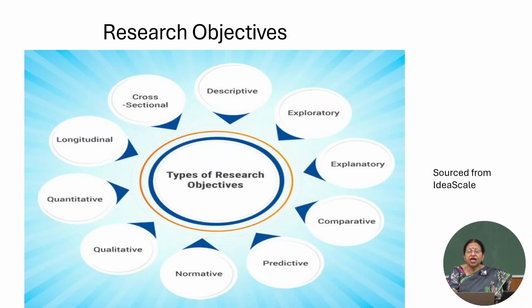So, this slide has been sourced from IdeaScale because I felt it is a very nice way of showing how many different types of research objectives are possible. Which one is relevant for your research purpose, you have to figure it out.